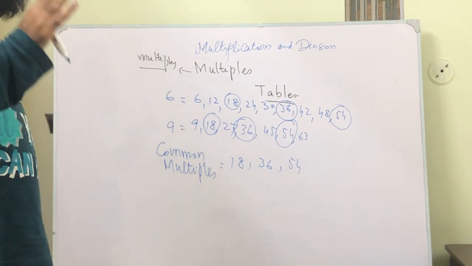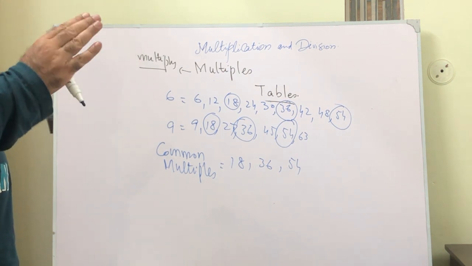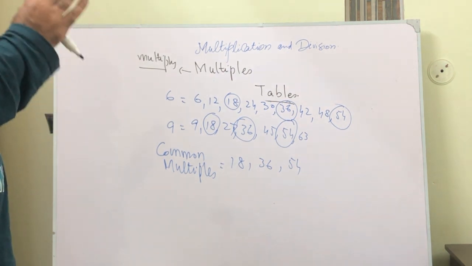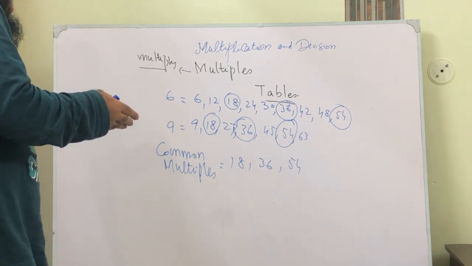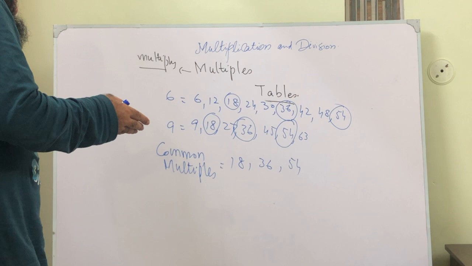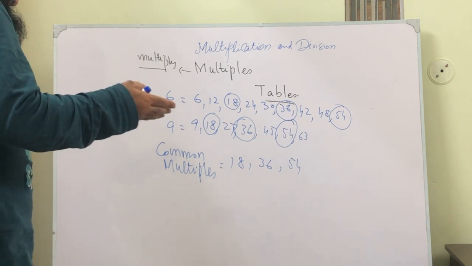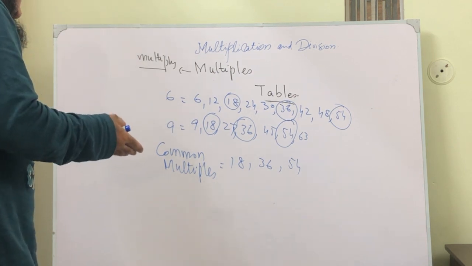Then similarly, multiples of 6 mean the table of 6: 6, 12, 18, 24, 30 up to 60. Here you can find the first two common multiples, and which common multiples are less than 30.